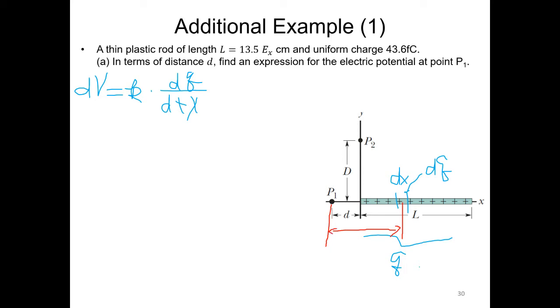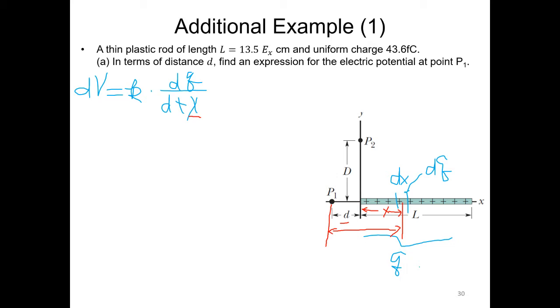The x-axis position is x, and the total distance will be d plus this x. So you add d and x together, so that it will become d plus x.